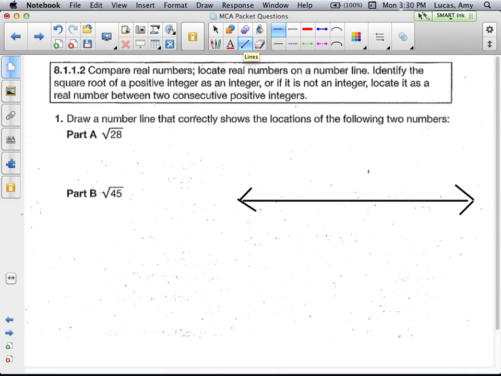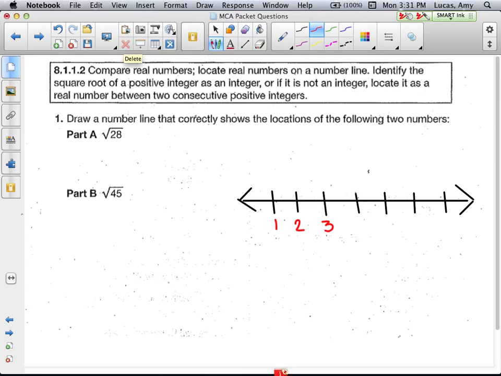So here's my number line. Okay. I am going to go with numbers starting with 1 to 7.